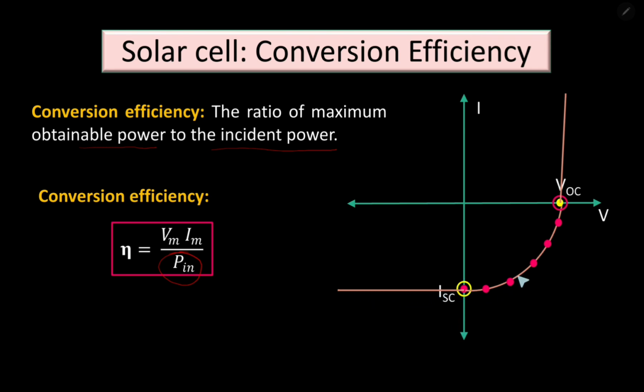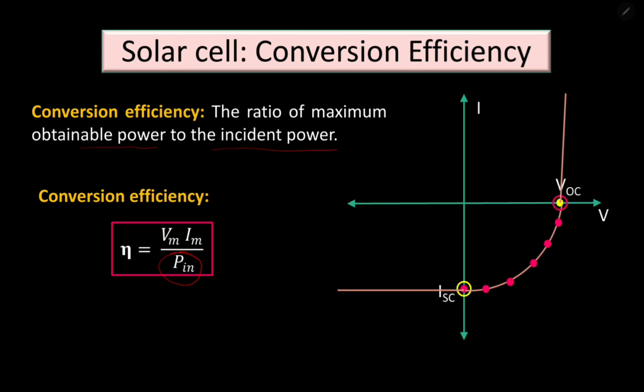So if I extend these VI characteristics to forward bias condition and reverse bias condition, I will get the curve like this. Now let us compare this curve with the VI characteristics curve of a normal PN junction diode. This is a photodiode. Solar cell is one type of photodiode. So this is the VI characteristics of a photodiode.